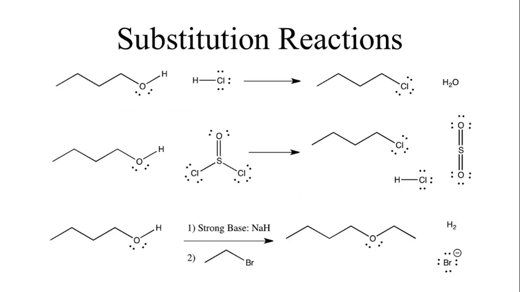So where we ended lecture on Wednesday was taking a look at some of the substitution reactions, kind of the bulk of our alcohols, and we had already talked about our alcohols needing some kind of activation. So in this case we're doing an acid-base activation, and the alcohol acts as a base, and that generates a really good leaving group.